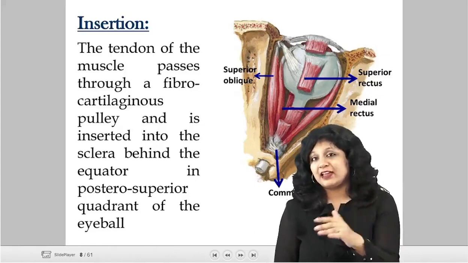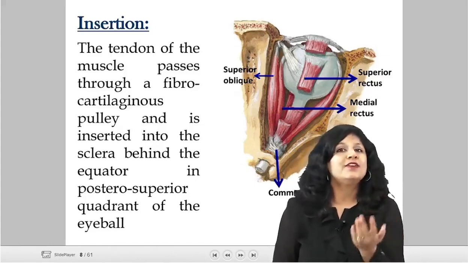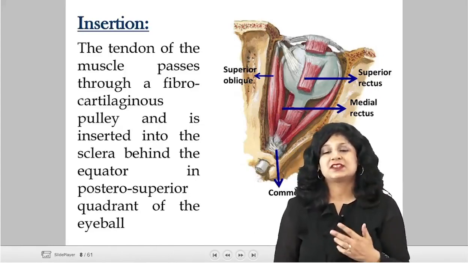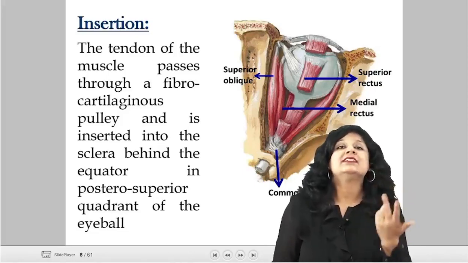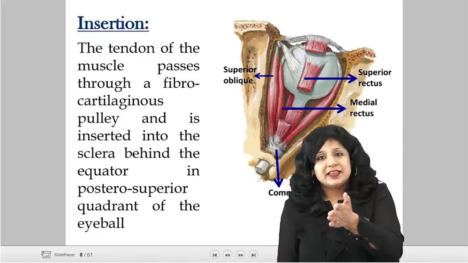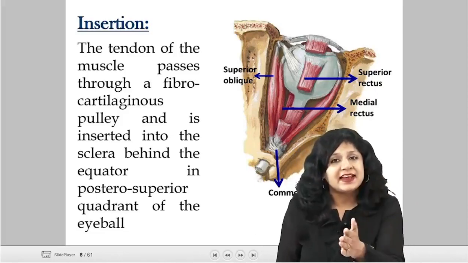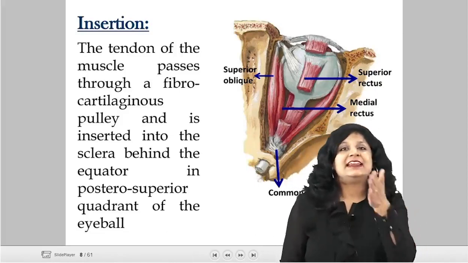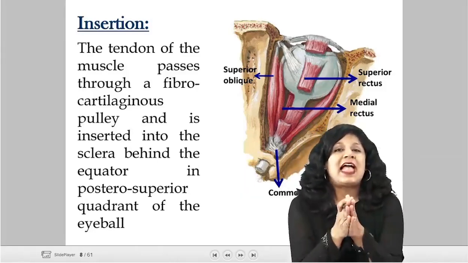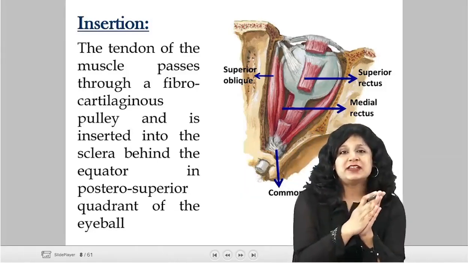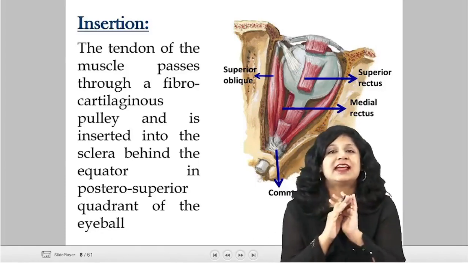If you have an angle of 0 degrees, obviously you cannot expect these muscles to pull the eyeball in any direction other than their own. So medial rectus just medially, lateral rectus just laterally, and therefore their actions are just adduction and abduction, nothing else.